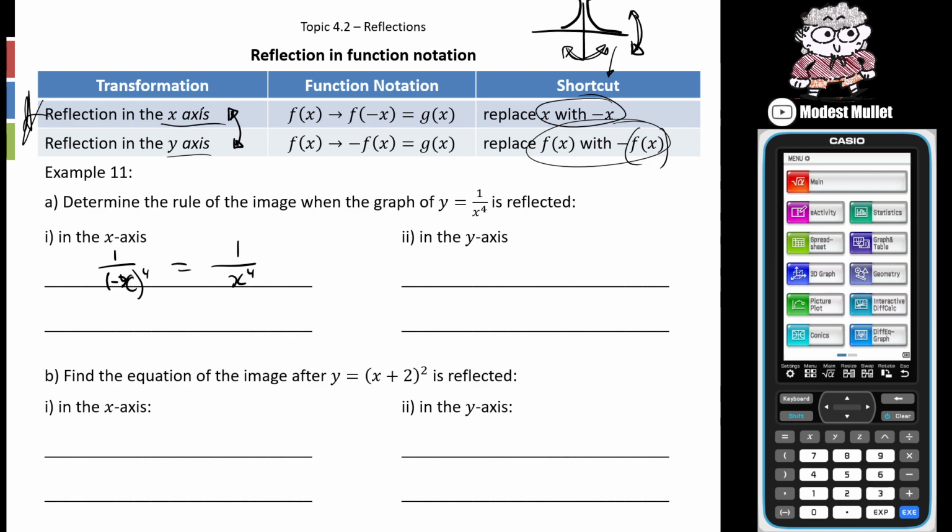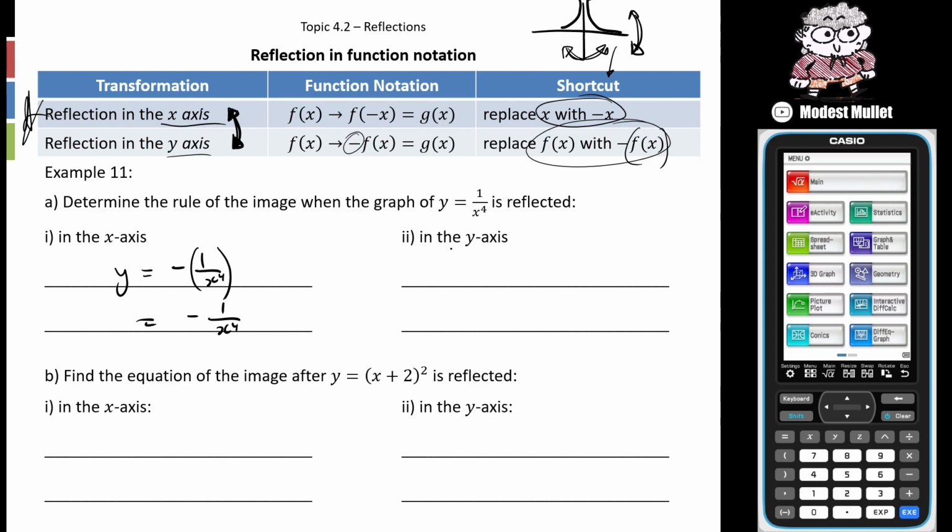If we reflect in the x-axis, every y-coordinate is just made a negative version of itself. So that's my error. These two need to be around the other way. And there we go. That's how we can always check our thinking. So in this case, y is equal to negative, put a negative in front of the whole thing, which just gives us negative 1 on x to the 4.